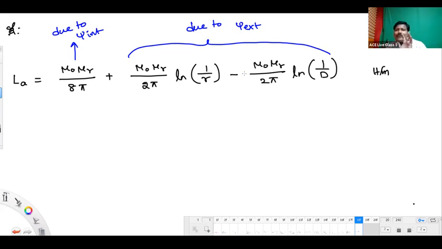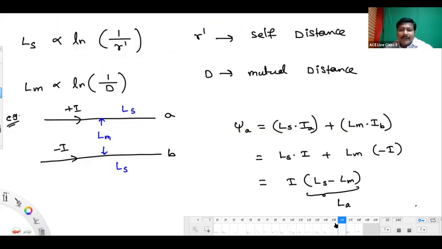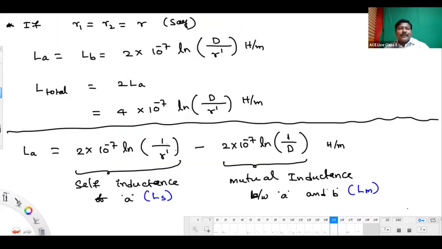Tell me, which is self and which is mutual here? The first two terms' summation is self. Self-inductance formula: 2 into 10 power minus 7 ln of 1 by R dash, that is, 1 by 0.7788 into R you have to write.